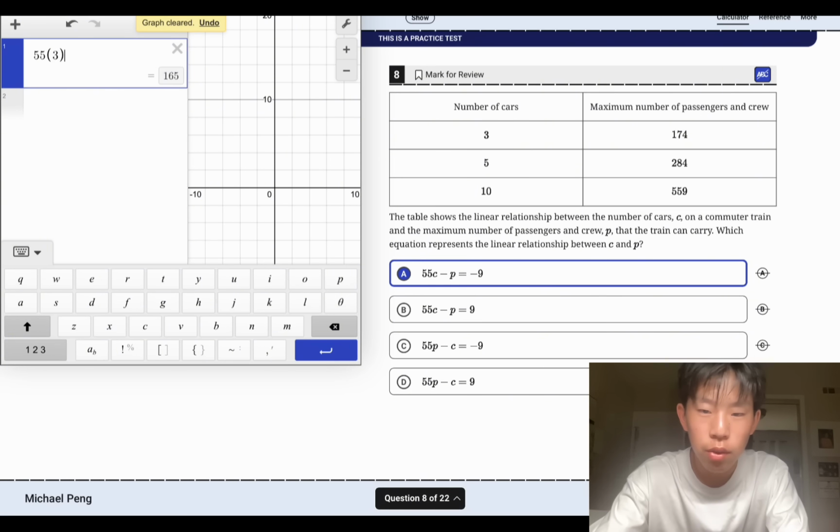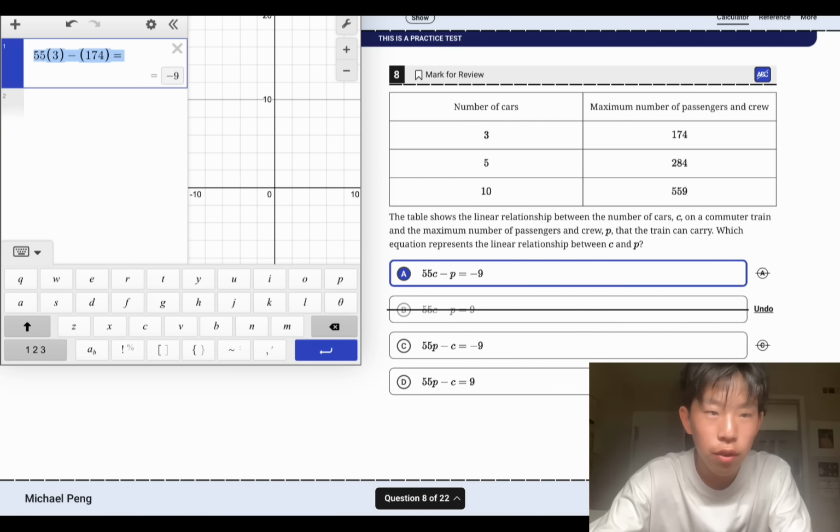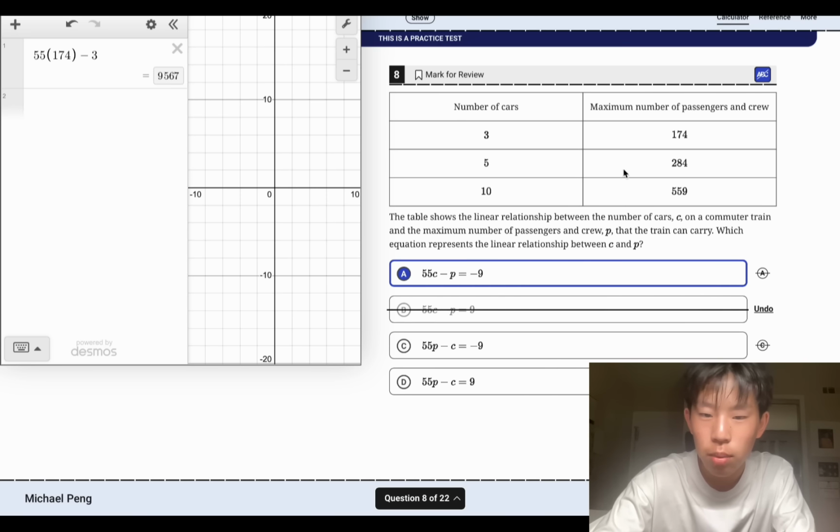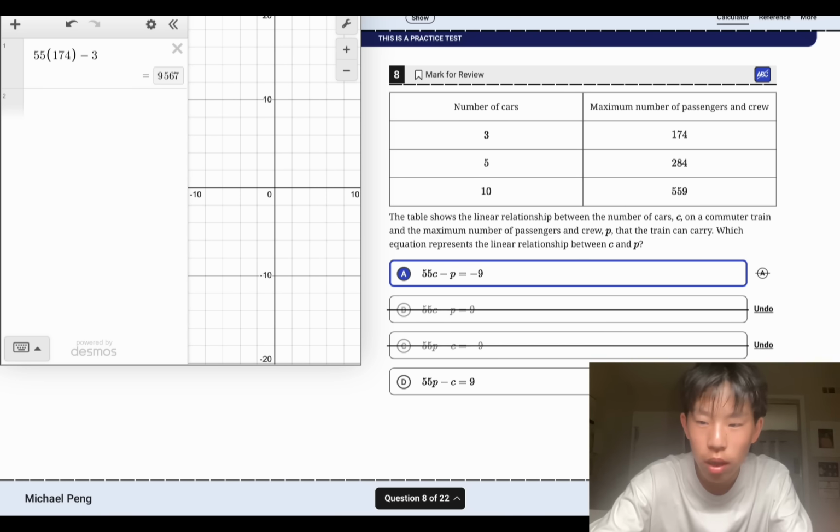Does 55 times 3 minus 174 equal 9? No, it equals negative 9. So this is wrong. What about 55 times 174 minus 3? Does that equal negative 9? No, it doesn't. The reason I'm plugging in 174 is because that's the number of passengers. P is for passengers. And this is completely wrong, so it has to be A.